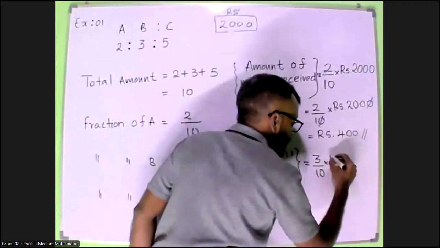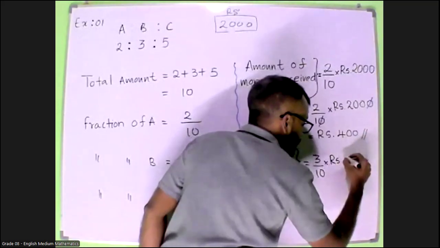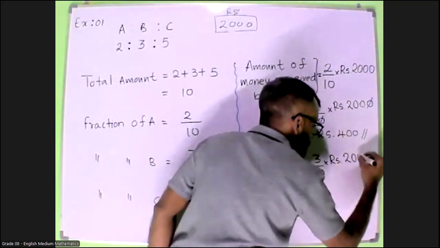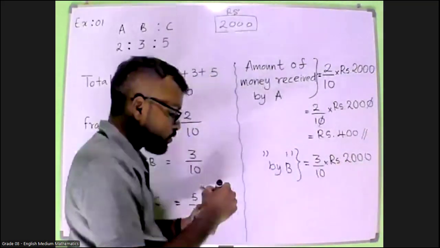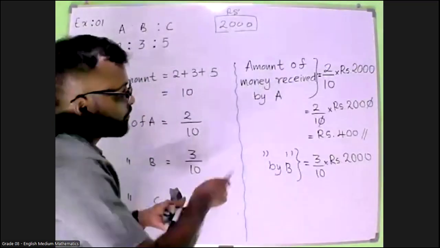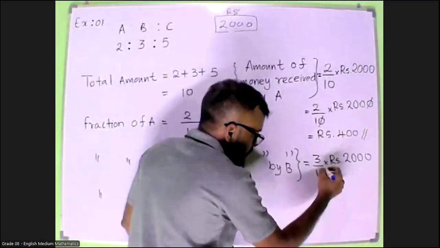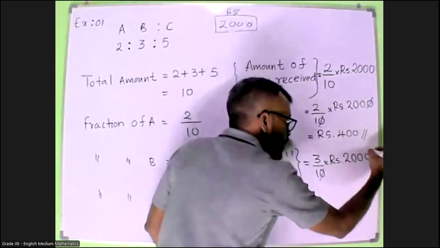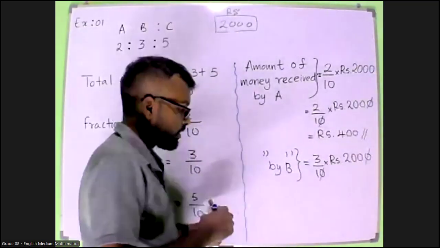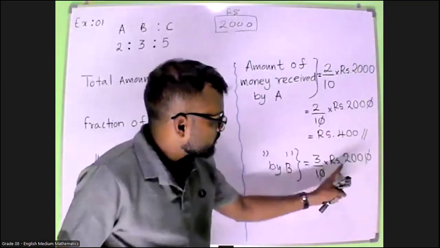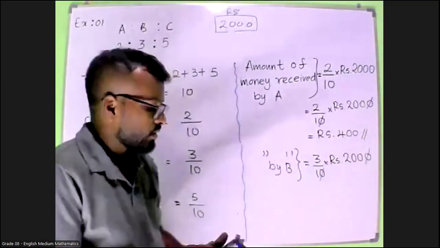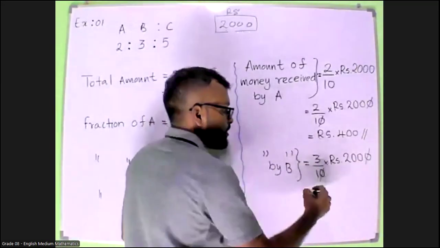We are going to multiply 3 upon 10 by 2000 rupees. So we have to do the same thing as the previous step. Here you have one zero and you have to cancel it out. 200 rupees multiplied by 3. We receive 600 rupees.